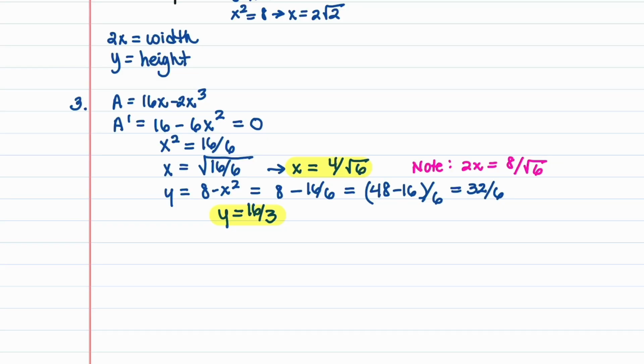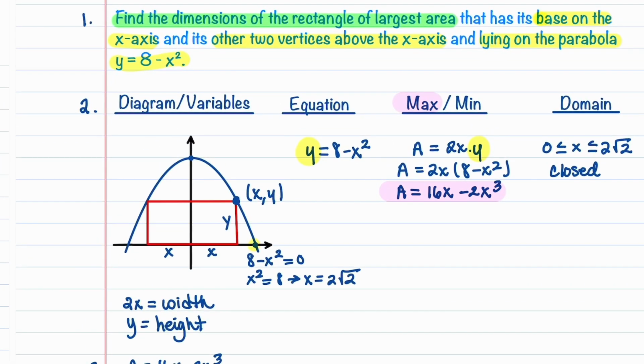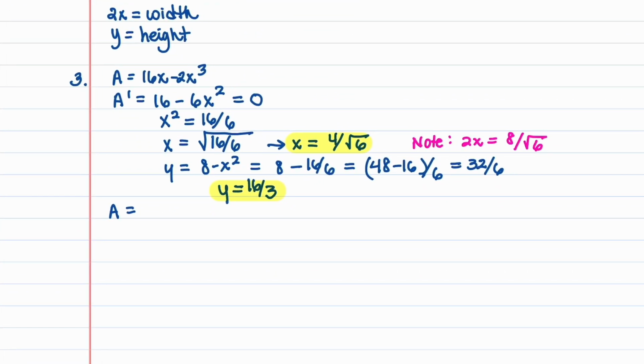What we want to do now is find what our area is equal to. Our area, going back up to the top, is 2xy. We could have used the formula for area that I just wrote down by step 3, but that one's actually harder. So let's use the formulation 2xy, and let's plug in x and y.